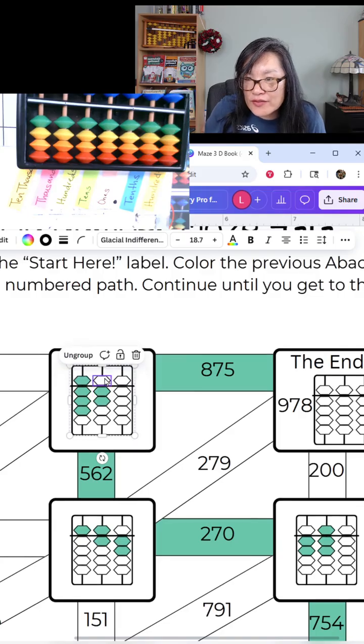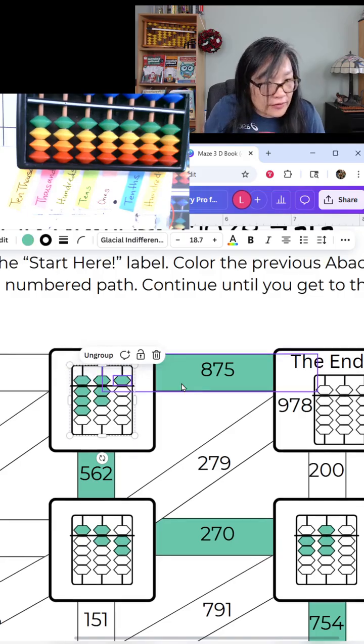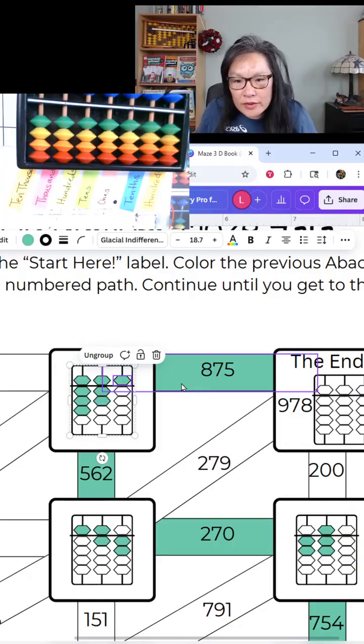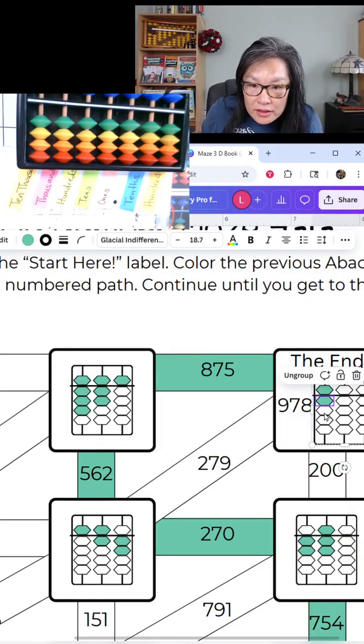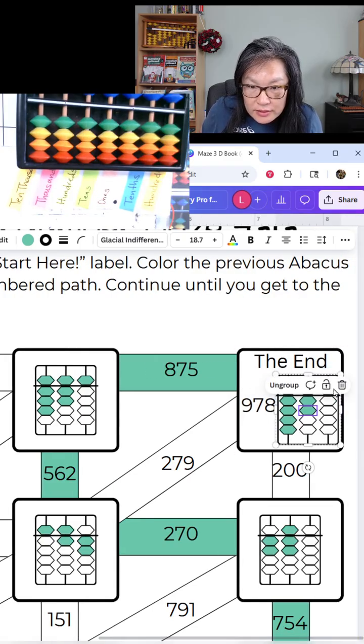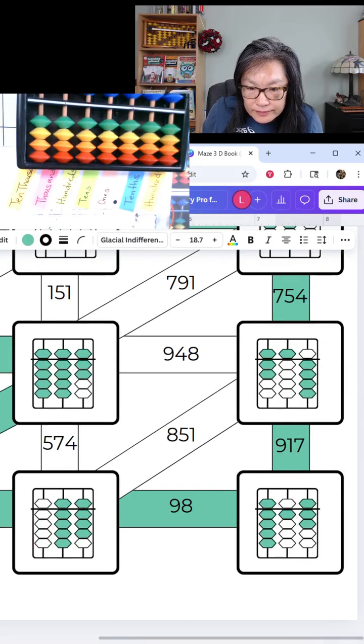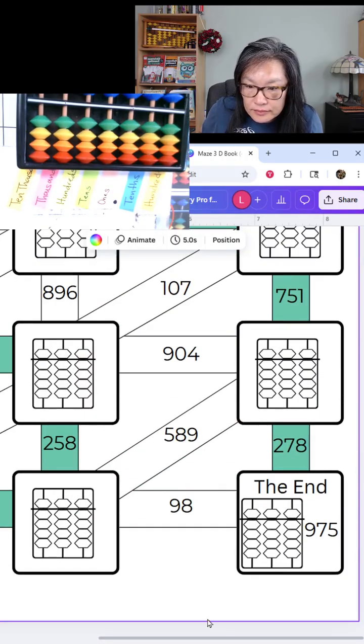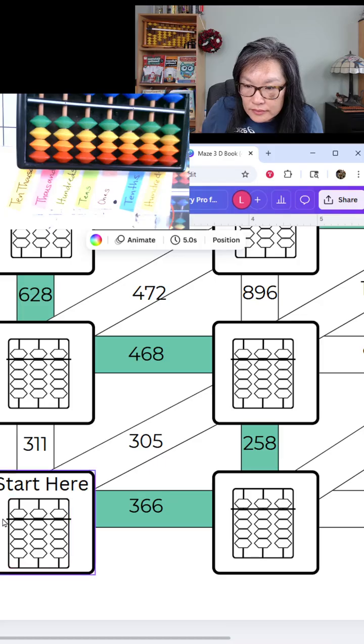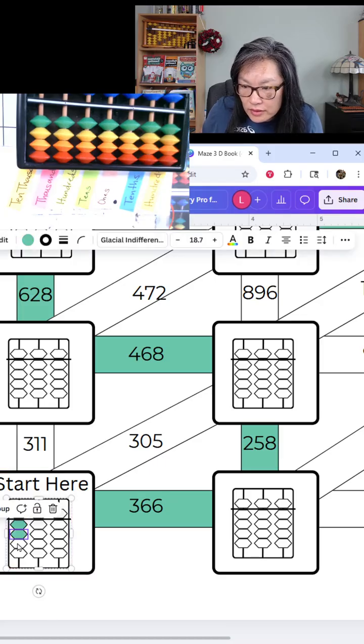1, 2 plus 5, and then 5. And then what are we doing here? We're doing 9, and then 770, and then we do 8. 8, 5, 6, 7, 8. There we go. $300, 66.